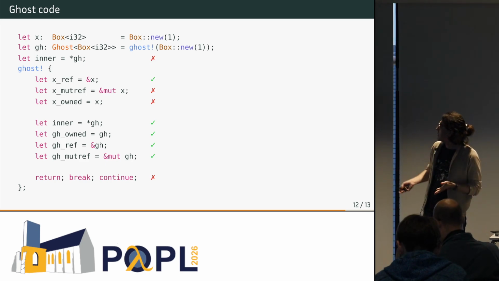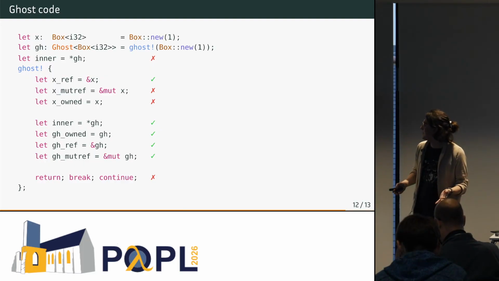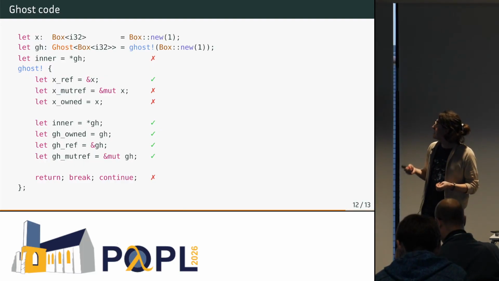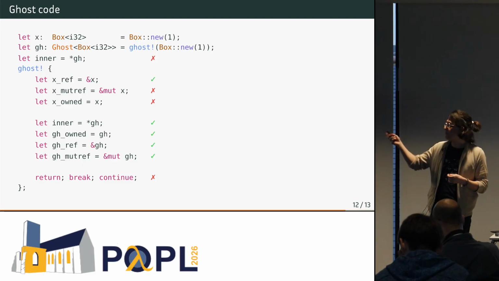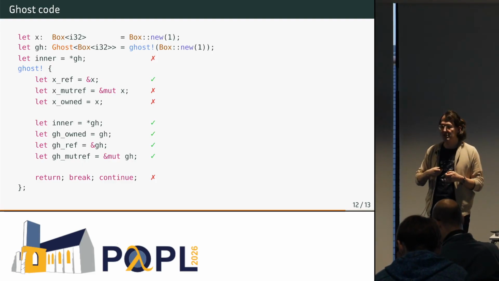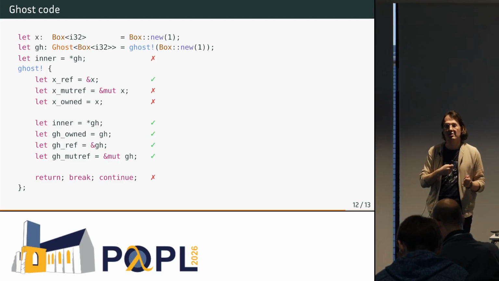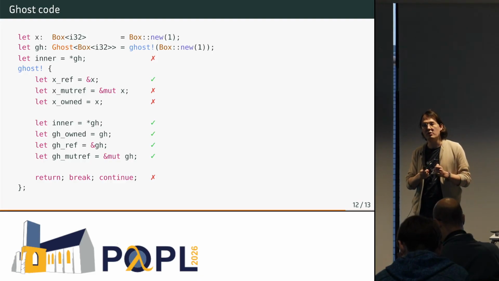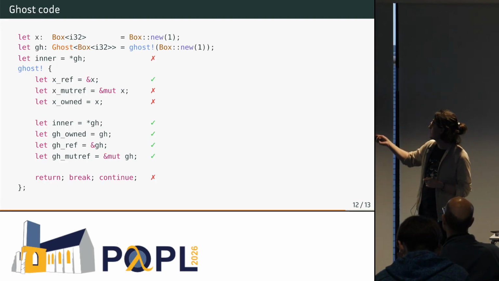And here's a summary of all these restrictions. Each time you exit the ghost block, you wrap the result into this ghost object. And conversely, each time we want to use a ghost object, we will have to enter a ghost block, so you can't use this object outside of the ghost block.